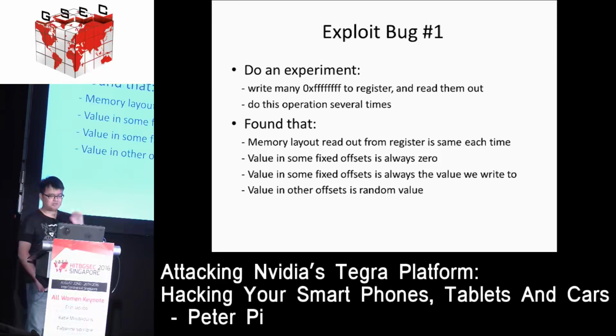And what I found is like this. The memory layout read out from the register is the same each time. Value in some fixed offsets is always 0. Value in some other fixed offsets is always the magic number we write. And value in other offsets is some random value.